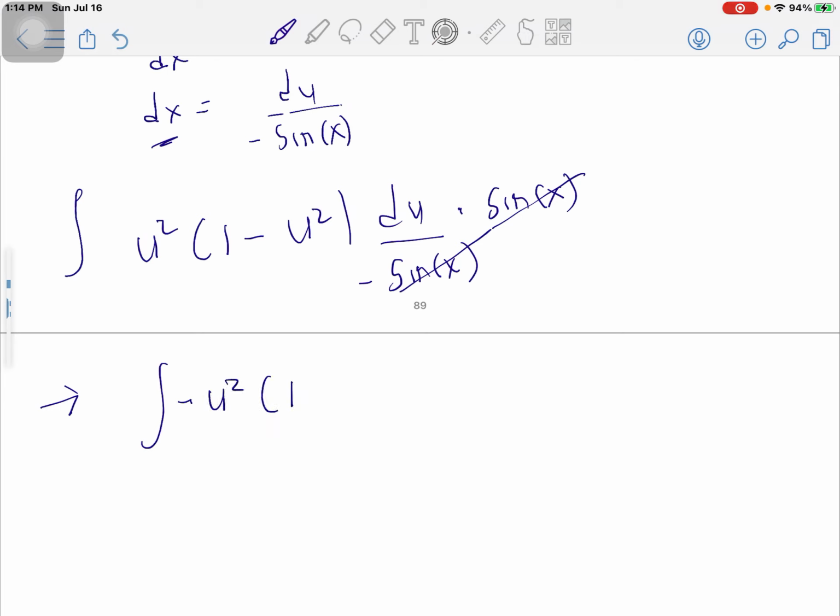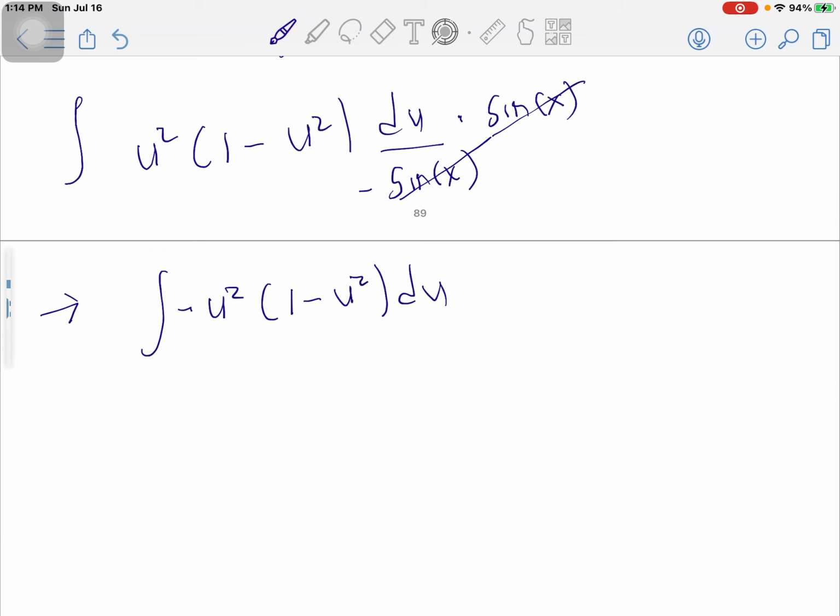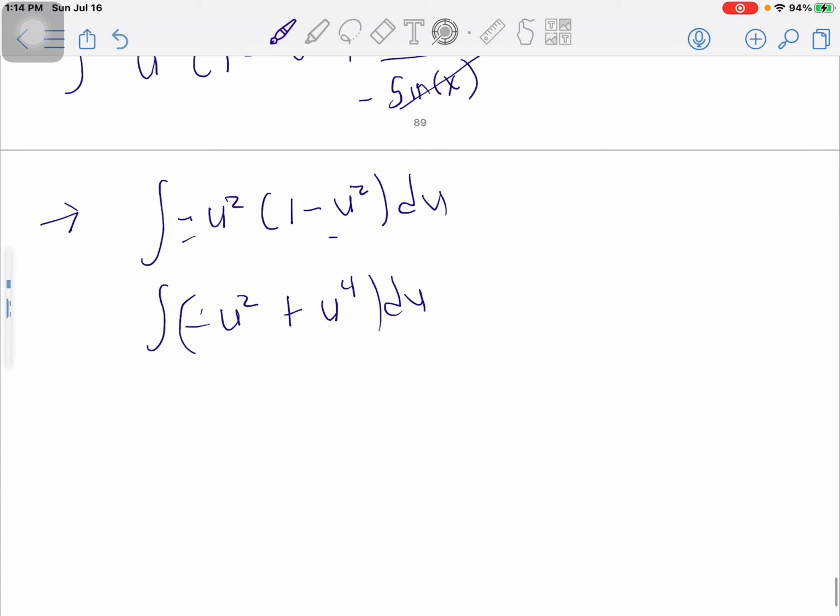So having everything in terms of u, we can rewrite it as the integral of negative u squared into bracket 1 minus u squared all du. And we can simplify it further to get integral of negative u squared plus, because negative gives us positive, u power 4, and they are all du.